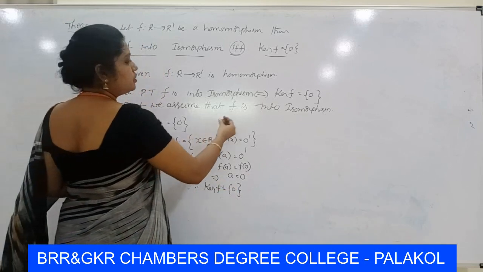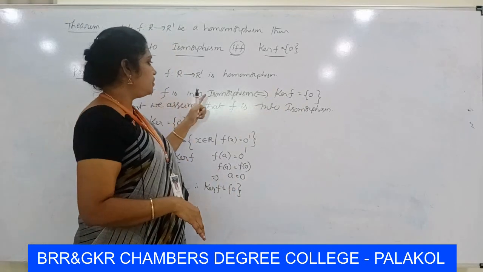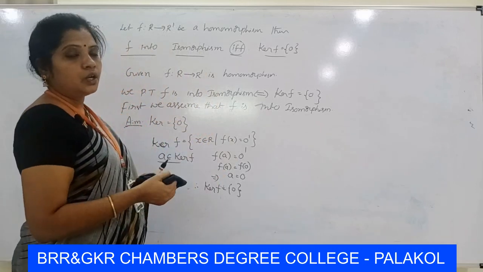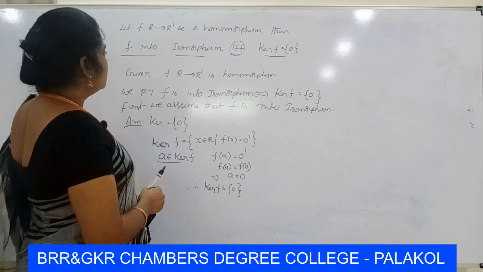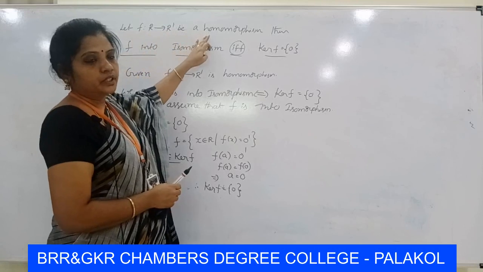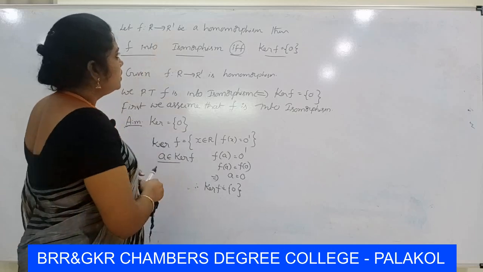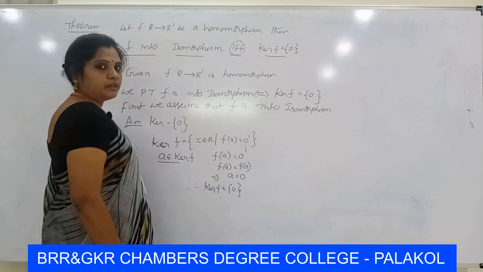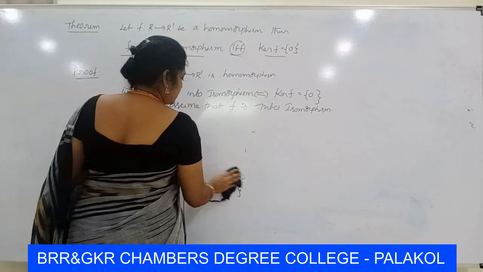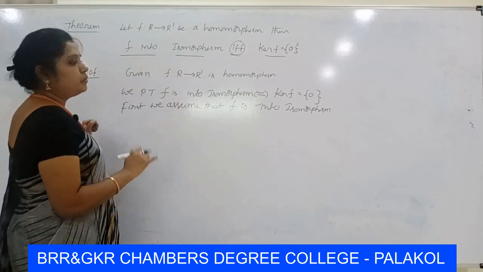Now, conversely, we assume that the set kernel f contains only the 0 element, and we have to prove that f is an into isomorphism. That is, f is one-one and a homomorphism. But here f is an onto homomorphism. That means this mapping is already a homomorphism, so it is not necessary to prove f is a homomorphism. We just have to prove f is one-one.